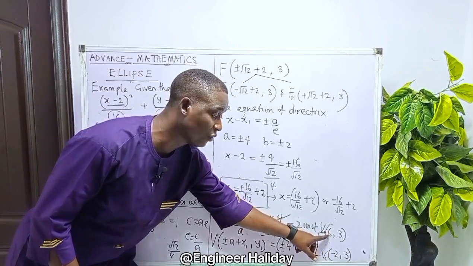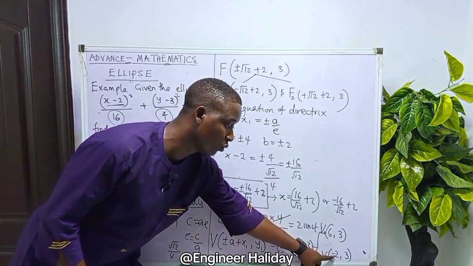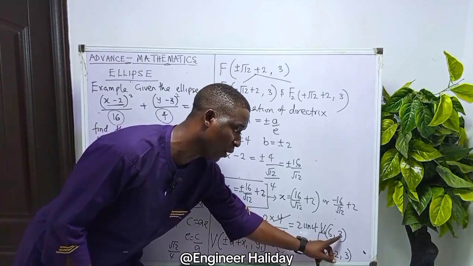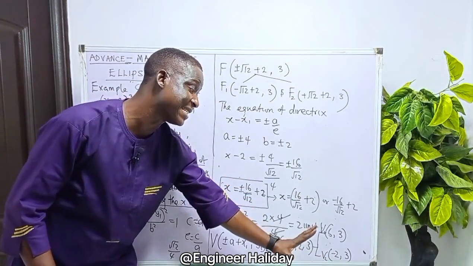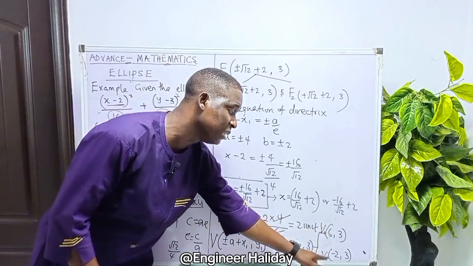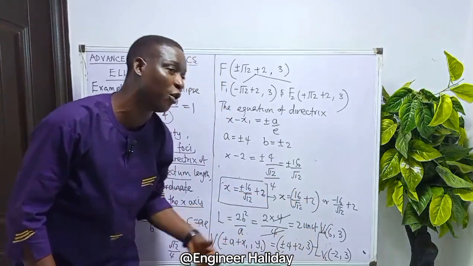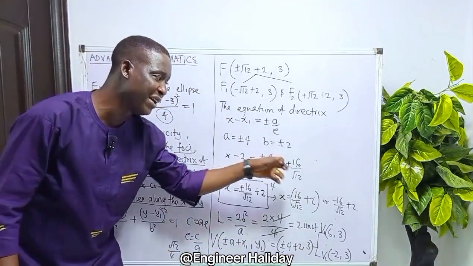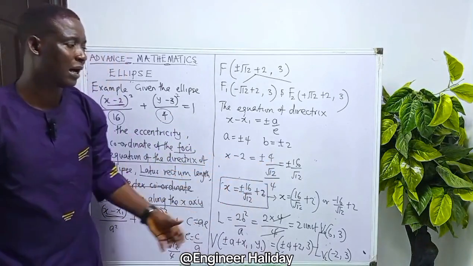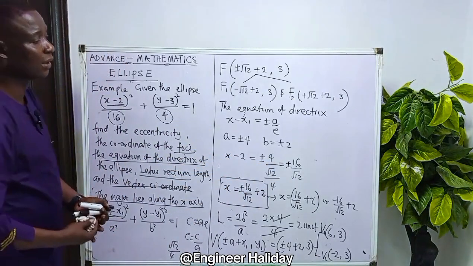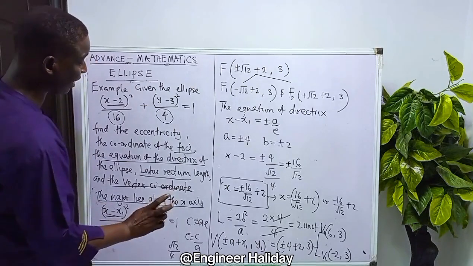If you check, this was 6, this is 6, this is minus 2. But if you check here, there is 3, 3. That means that along the y-axis there is stability of coordinate, while along the x-axis there is variability of coordinate, meaning that the major axis is along that axis. So that is another thing to know.